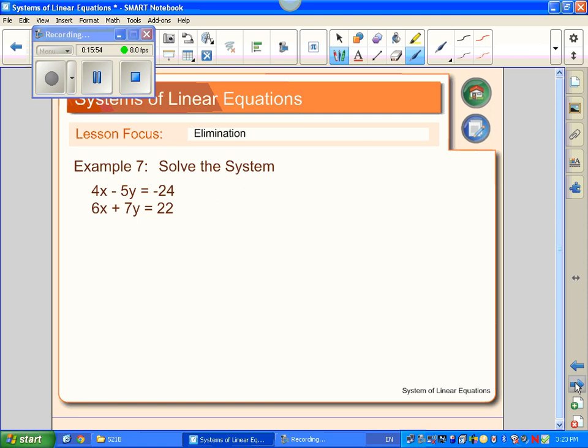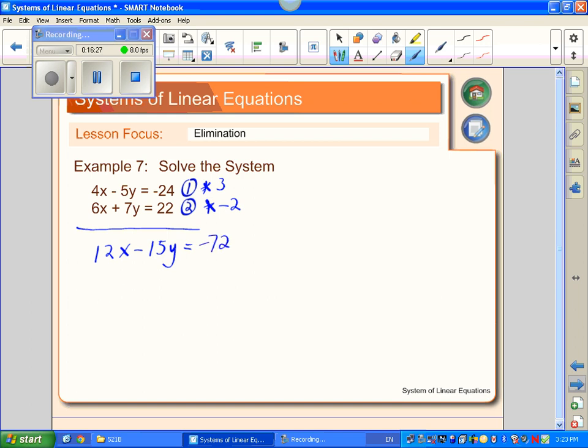Well, if I take equation 1 and multiply it by 3, I'm going to get 12x. If I take equation 2 and multiply it by negative 2, I'll get a negative 12x. Oh, that's what I'm looking for. So 12x, subtract 12x, 0x. Perfect. So let's do that. So we have 12x minus 15y is equal to negative 72.